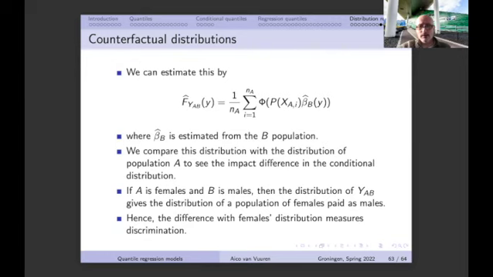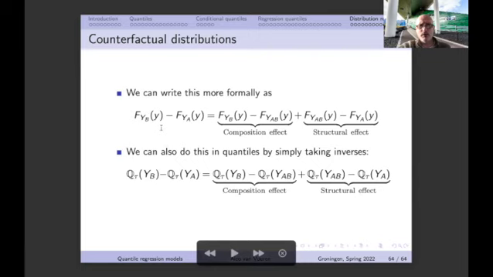So that means generally that we can decompose any difference in terms of distributions. Suppose very generally that we have a random variable yb and a random variable ya. It's best to think about outcome variables that are more or less the same, but drawn from different subpopulations.